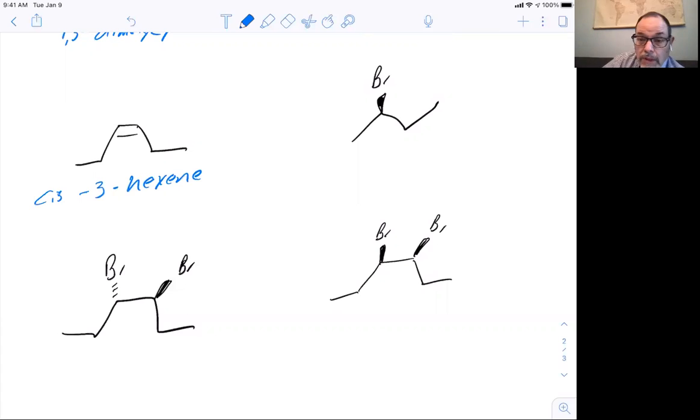Something we barely covered, but it was in your book, was the fact that this could also be known as Z. Z is from zusammen, and what you're using is more of an R and S naming system.